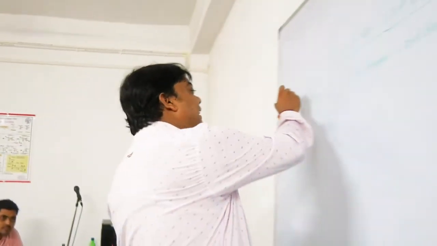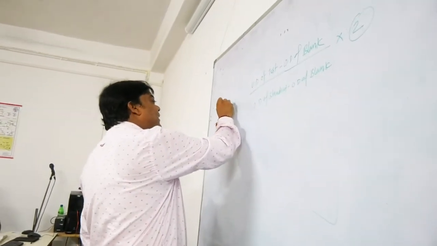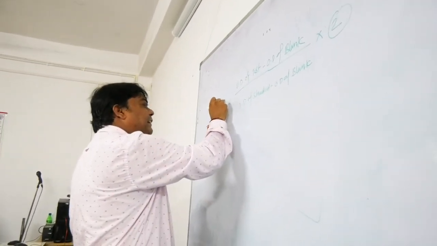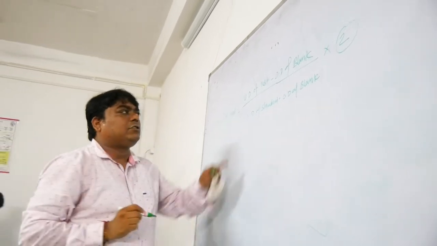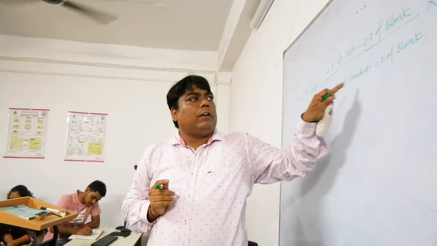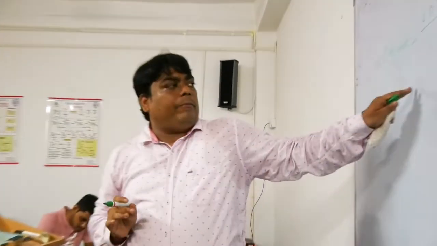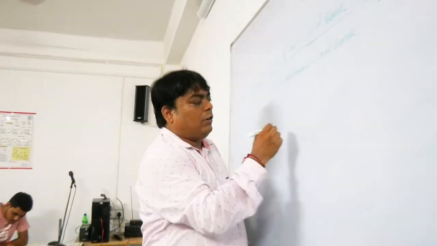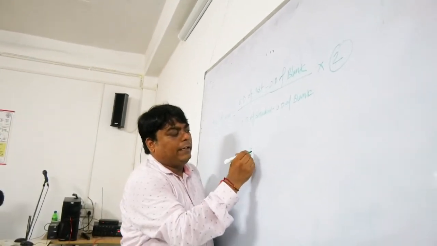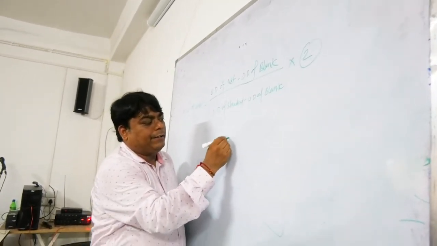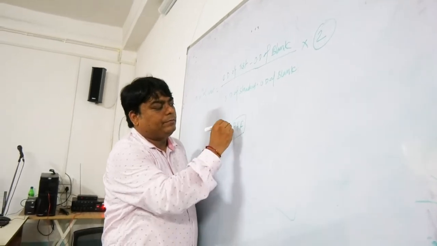So finally, here what we calculate, concentration of creatinine is equal to OD of test upon OD of standard, by 2. Okay, because students, see, we perform this test on protein free filtrate, PFF.